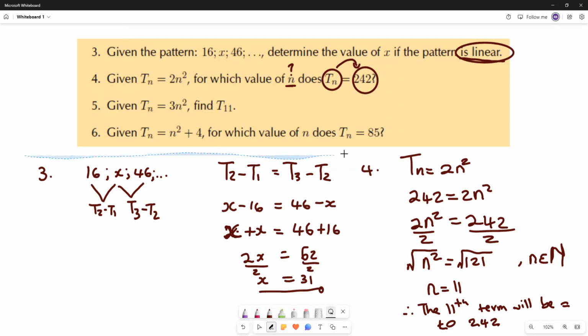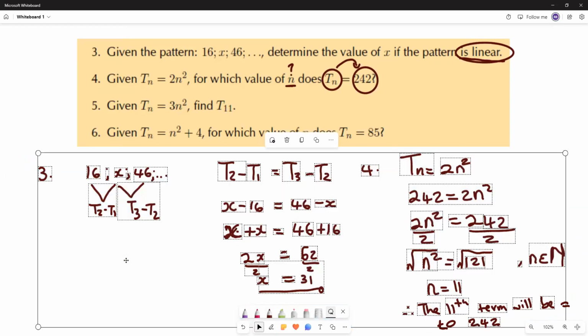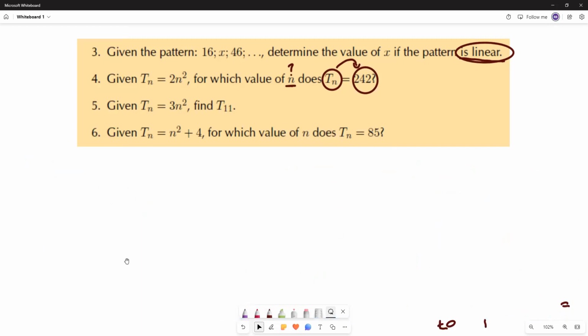Okay, let's erase. Sharp. Okay, sharp. So now we're going to do number 5. Let's do number 5. Given the Tn to be that, they want us to find T11.